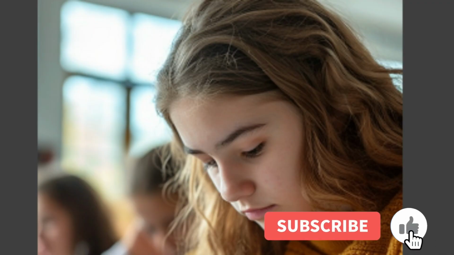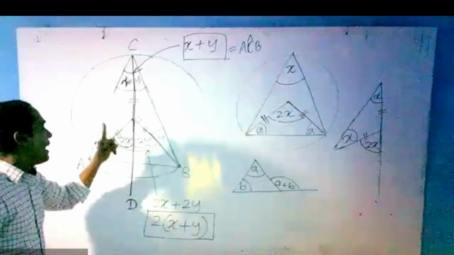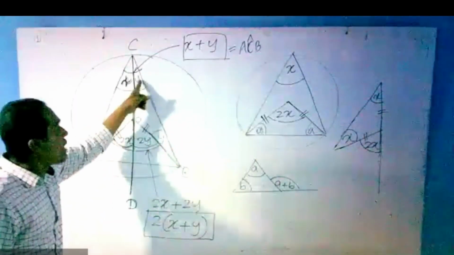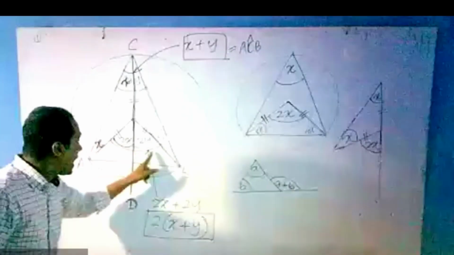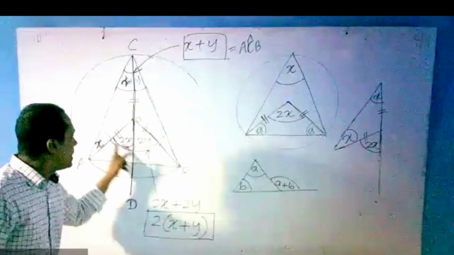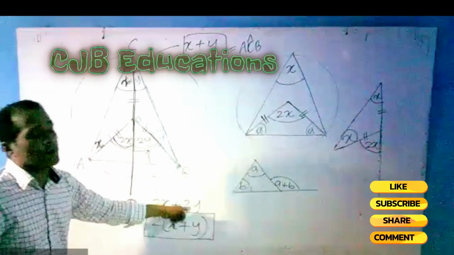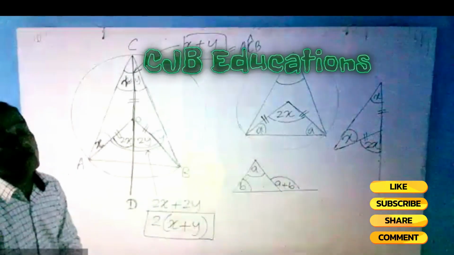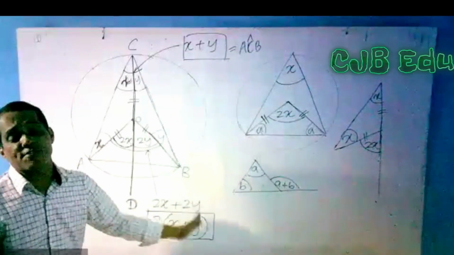Right. If we take the relationship here, we can easily get this as 2x, because 2x plus x equals this 2x, and y plus y becomes 2y. Then you can see the whole AOB angle becomes 2x plus 2y. For 2x plus 2y, we can take the common factor 2 outside the bracket, so it becomes 2 times x plus y.